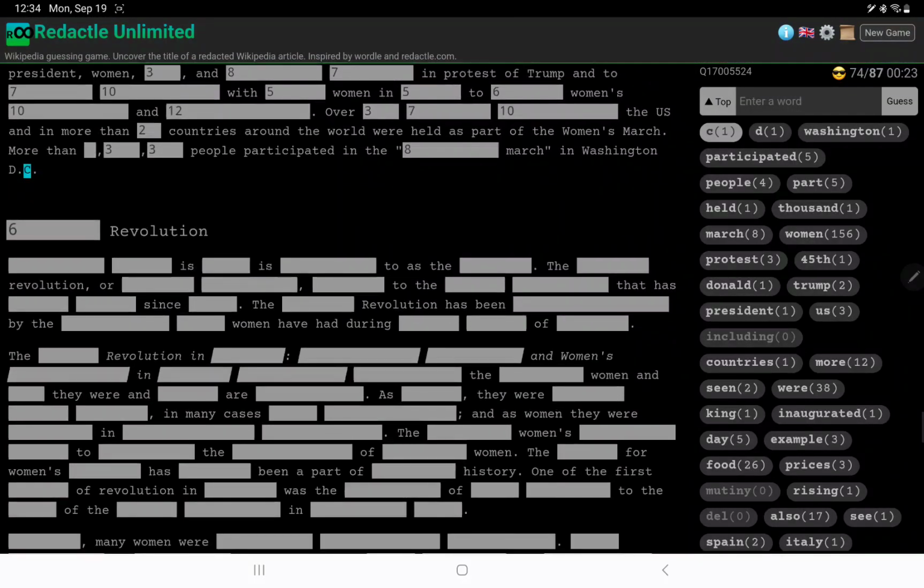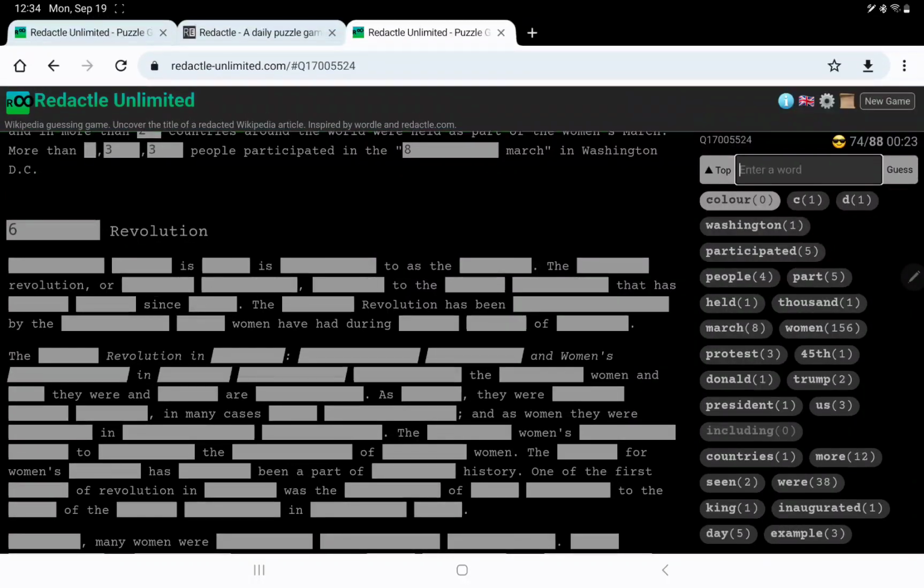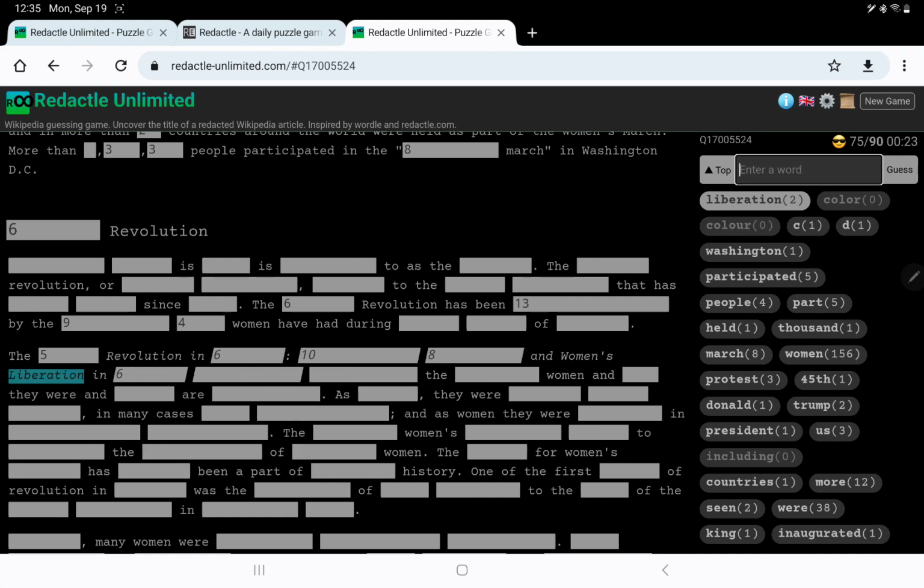No. And then a 6 revolution. Oh, could this be a color revolution? Let's try color. No. The 5 revolution in 6. 10-8, and women's liberation, yes, in 6-9.